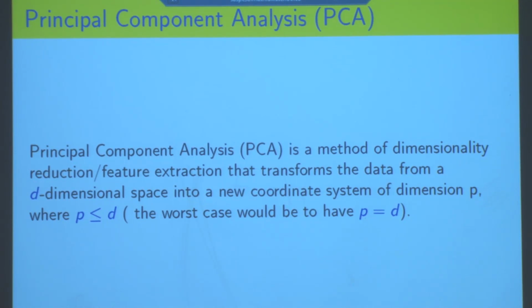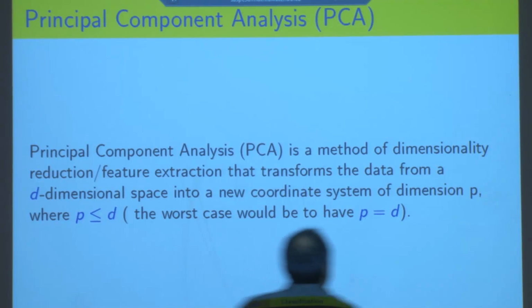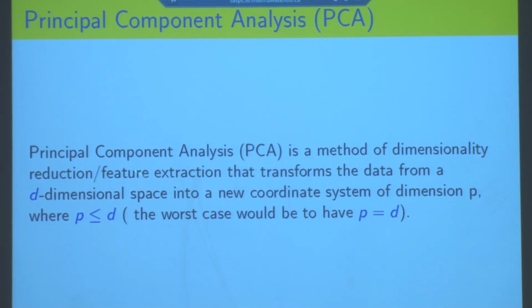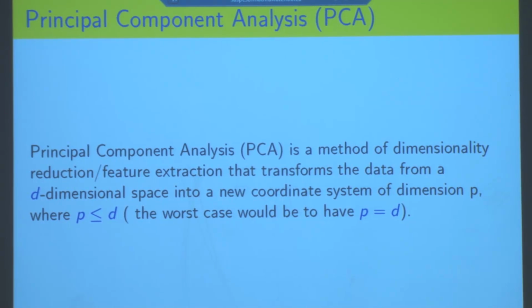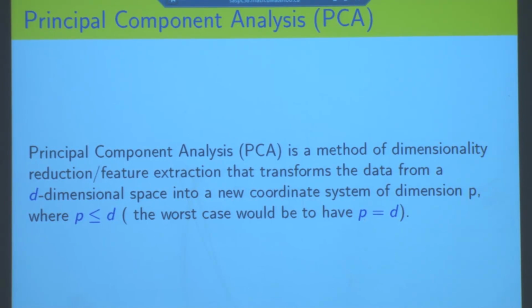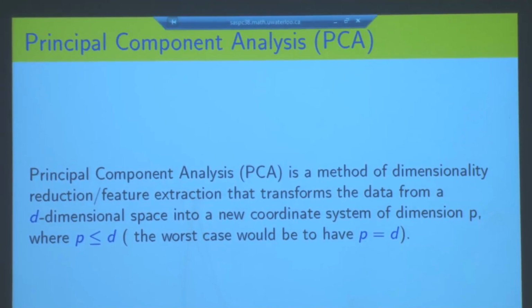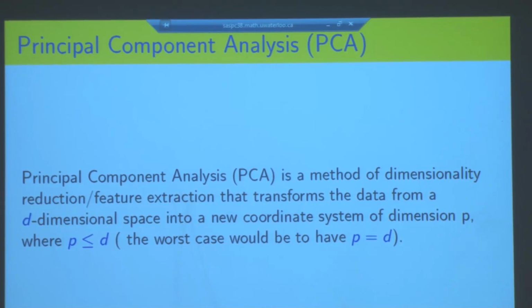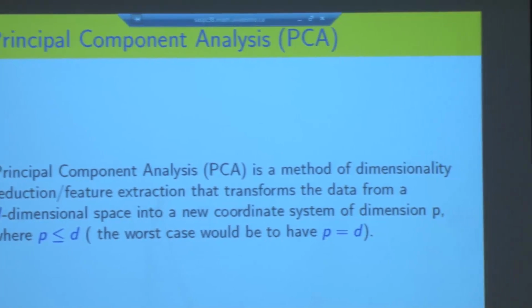Okay. So principal component analysis is a method of dimensionality reduction. It's also called feature extraction because we are extracting features from raw data. And we are going to use these features for classification, for example. We can use it for regression.